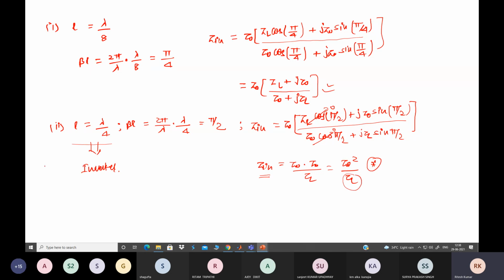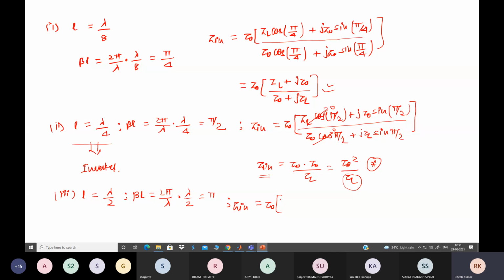Okay. Now in the third case, coming to L equal to λ/2. In this situation, βL should be equal to 2π/λ into λ/2. So the value is π. And in this situation, what value of Zin will we get? That is Z0 into ZL cos π.